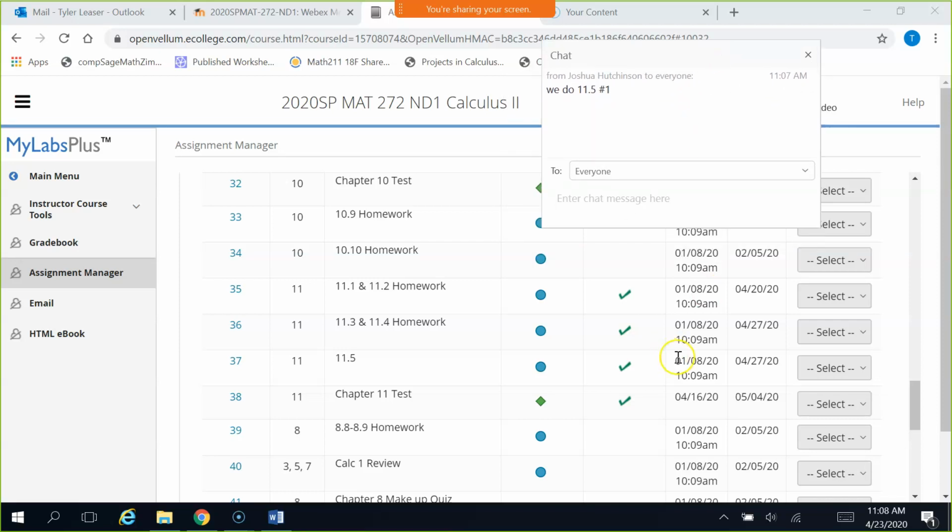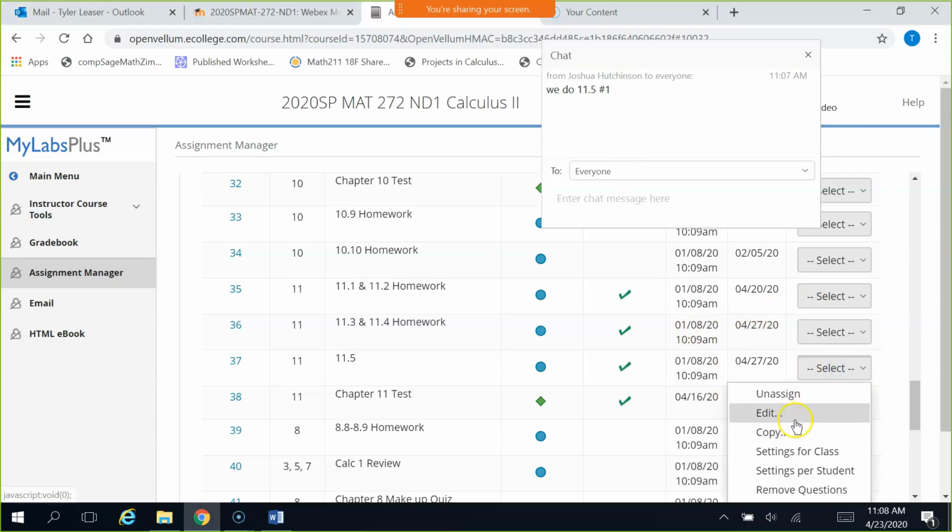I think 22 on 11.1, 11.2. Okay, let's do Josh's things first, and then we'll come back and do that one. Okay, sounds good.